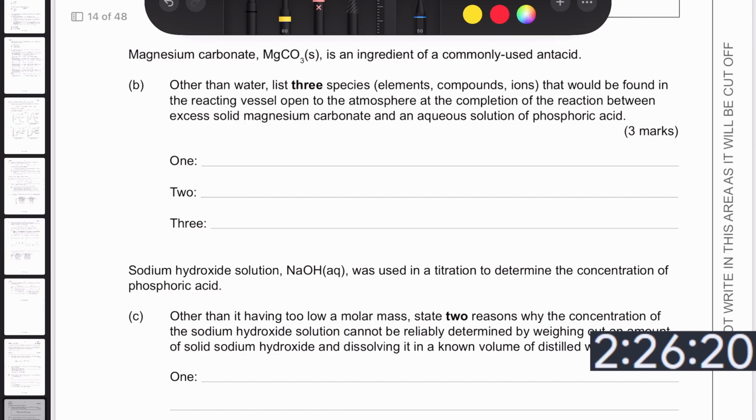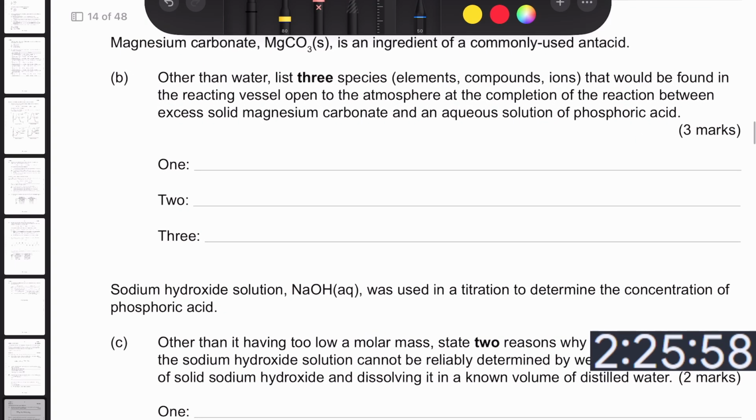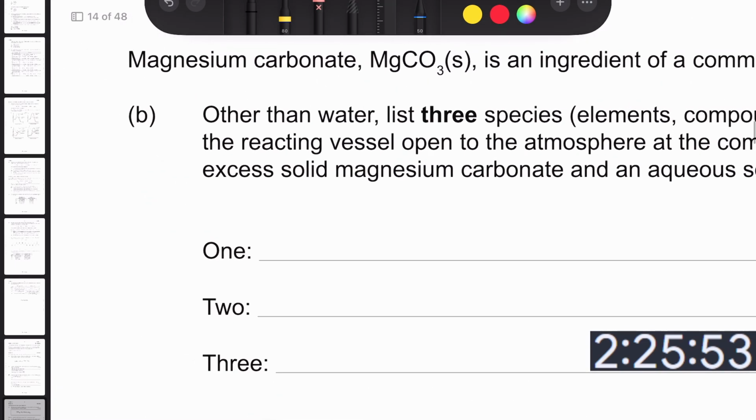Magnesium carbonate is an ingredient of a commonly used antacid. Other than water, list 3 species that will be found in the resulting vessel open to the atmosphere at the completion of the reaction between excess magnesium carbonate and an aqueous solution of phosphoric acid. So let's see, MgCO3 plus H3PO4.